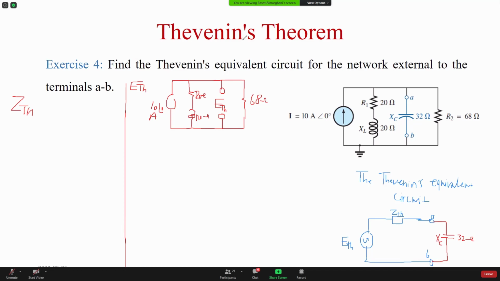Here for the impedance, I'm going to use the circuit like this. Again, the terminals are open. Between them, I have a branch with the resistance and inductance. Then I have the current source.